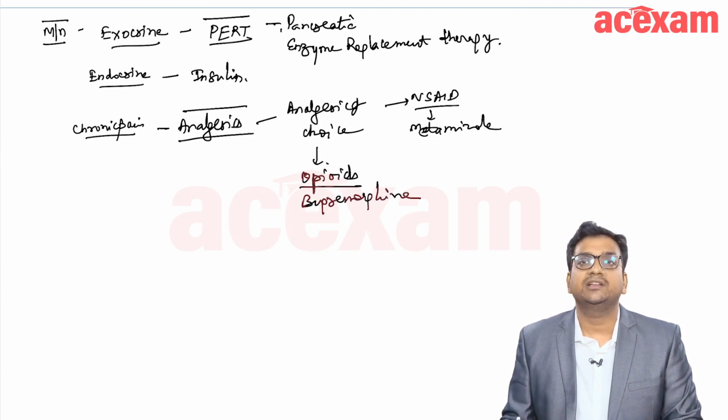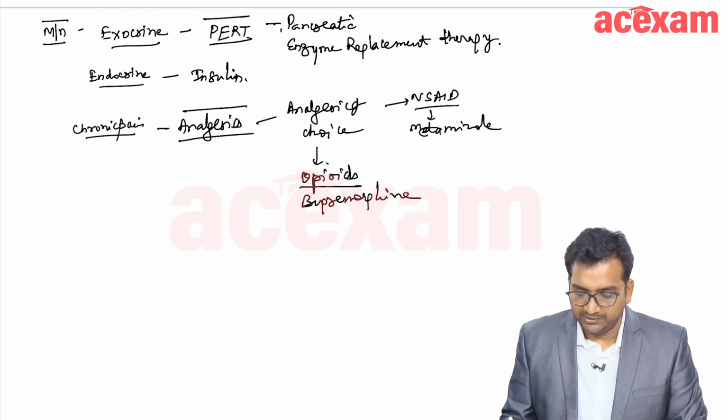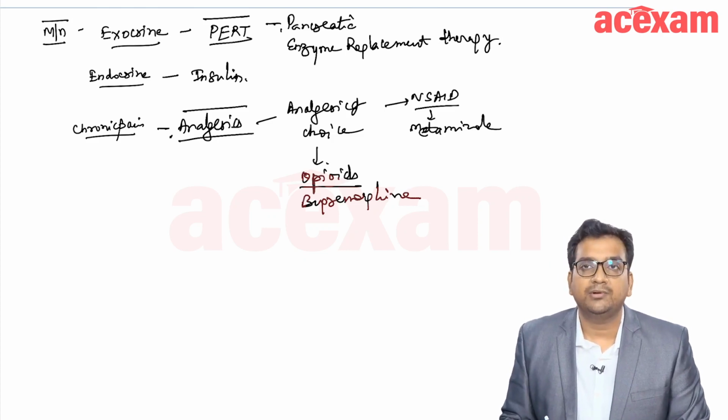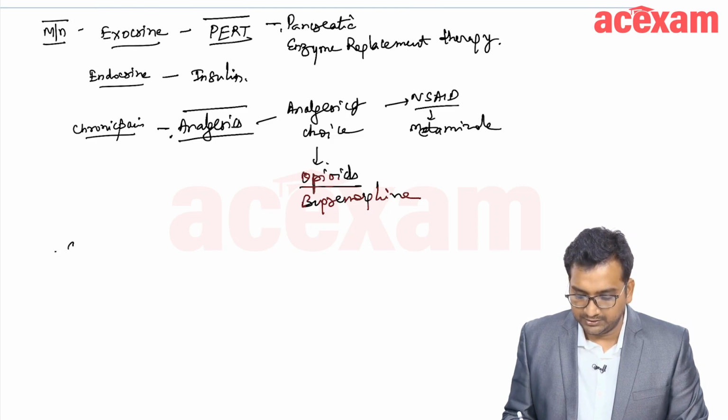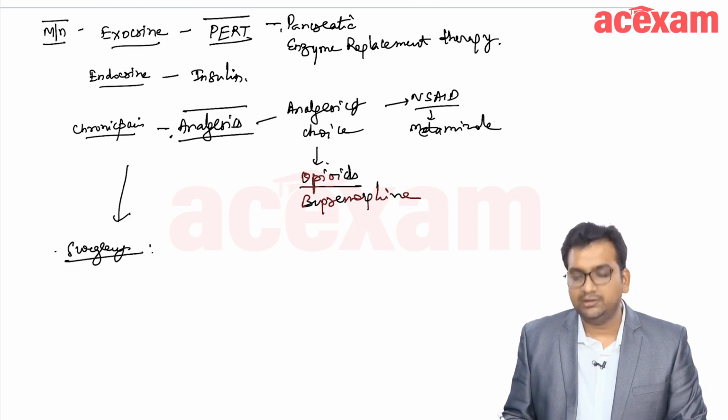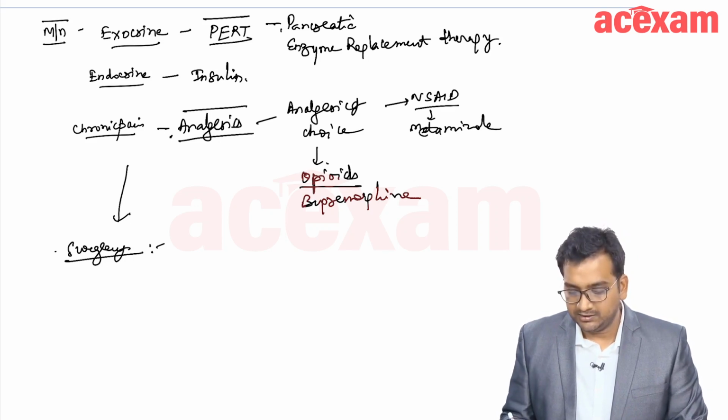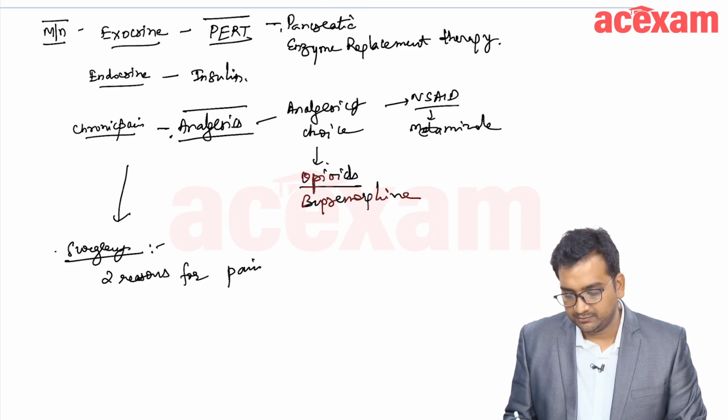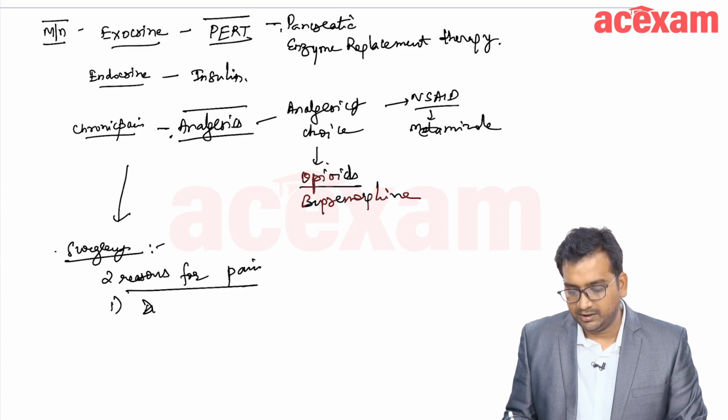Okay, this is regarding analgesics. Now, if the patient is having recurrent pain and is not responding to analgesics, we'll have to go for surgery. Okay, the basis of surgery is that there are two most important reasons for pain. First is ductal hypertension.